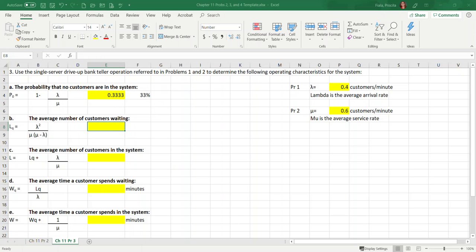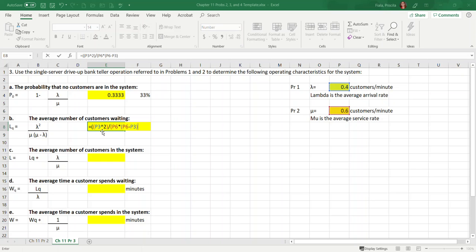Okay, we're going to have to do equals, I'm opening a parenthesis. We're going to open another parenthesis because I'm going to raise the arrival rate to the second power, and then I'm going to divide that by my mu times my mu minus my arrival rate.